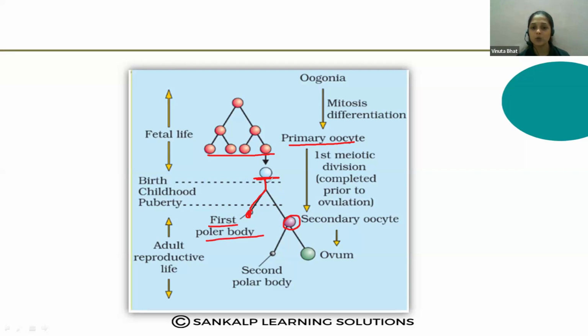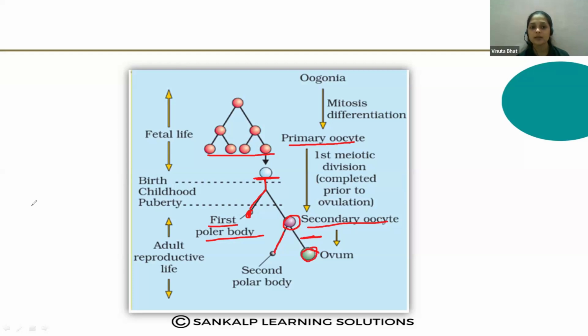When the primary oocyte undergoes the first meiotic division, it forms the secondary oocyte and one polar body. This secondary oocyte completes the second meiotic division. Again it forms unequal cells, one polar body, and the ovum is released from the secondary oocyte.